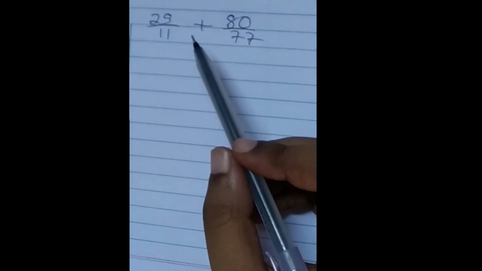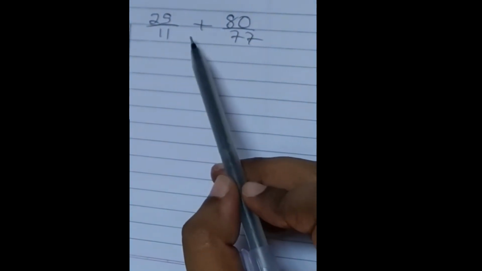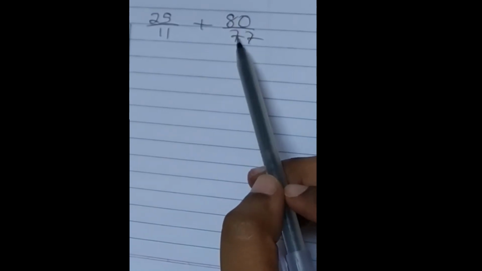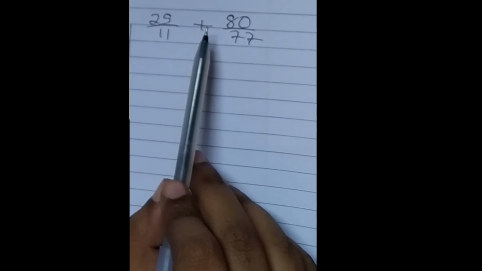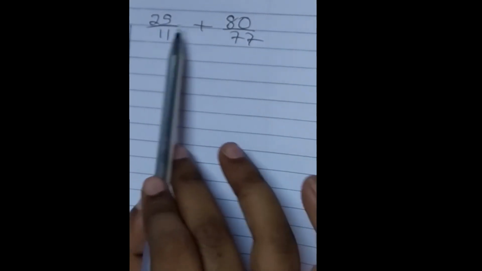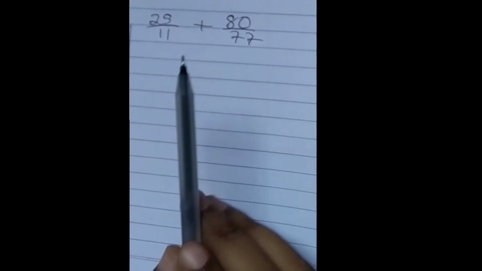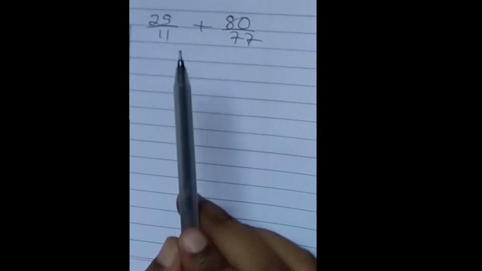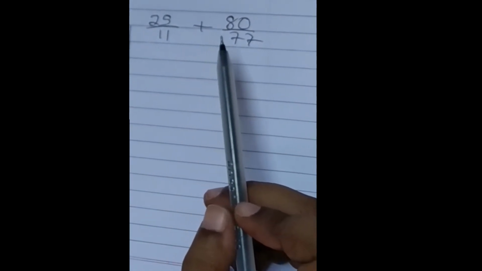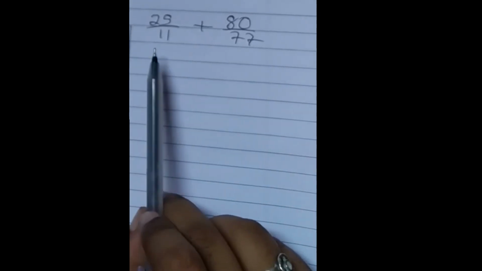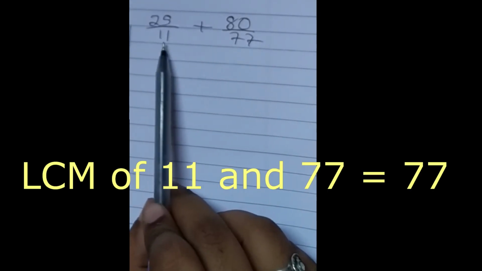Now see this problem, 25 upon 11 plus 80 upon 77. Okay, now see here in this problem, we can solve it by cross multiplication also, but the steps will go on increasing, right? So what we can do is a simple thing. See the denominators 11 and 77.